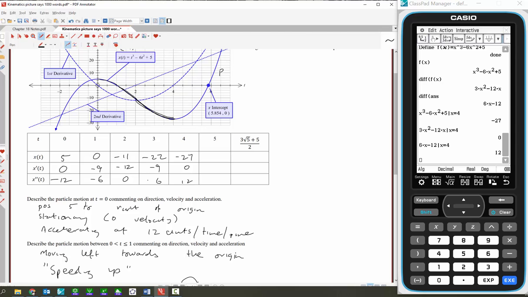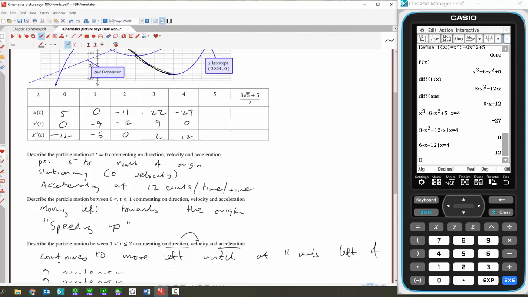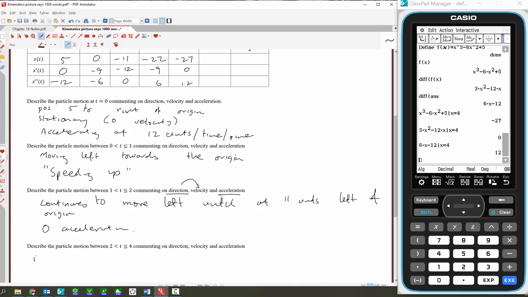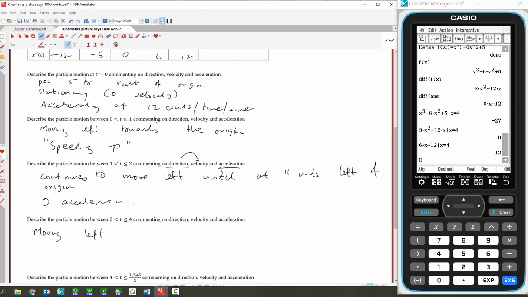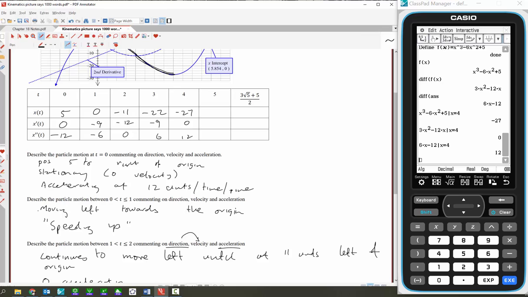So the particle between 2 and 4 is still moving left, because we've got a negative velocity through to this value here, 0. So it continues to move left until it's stationary.